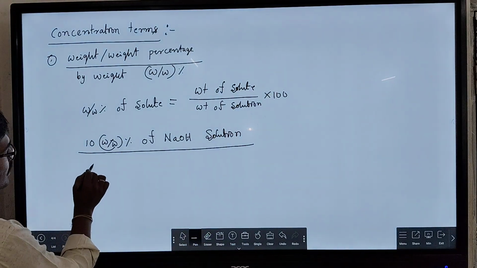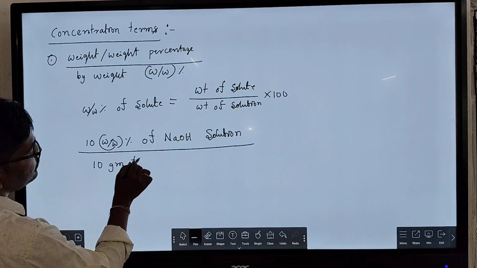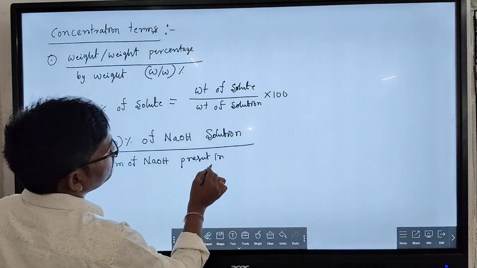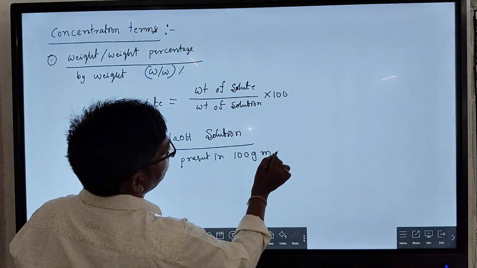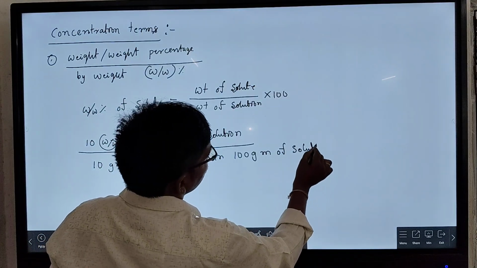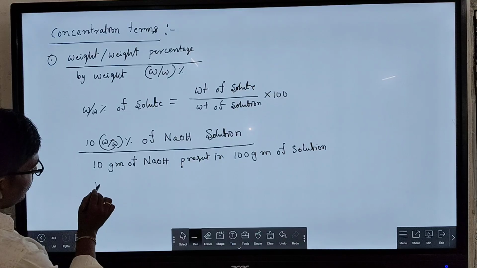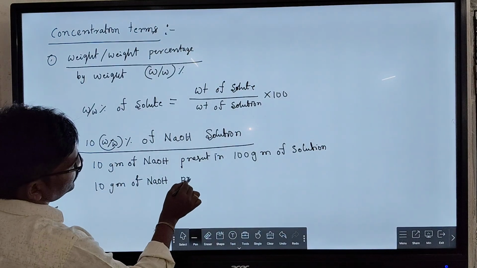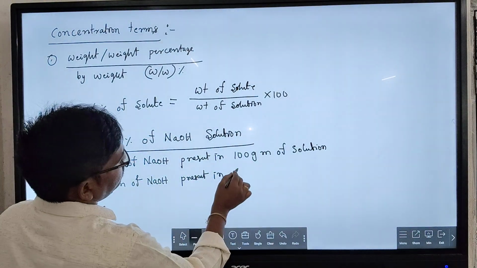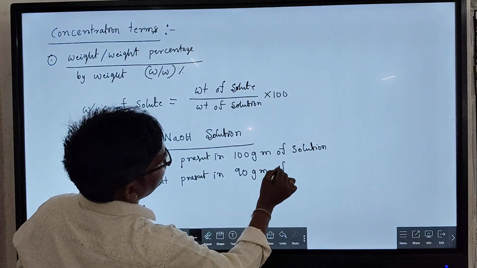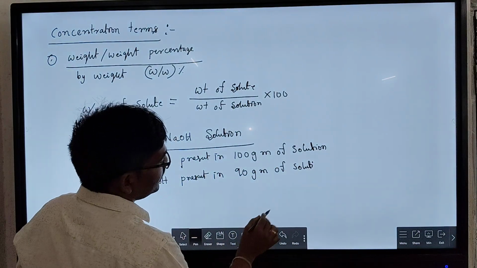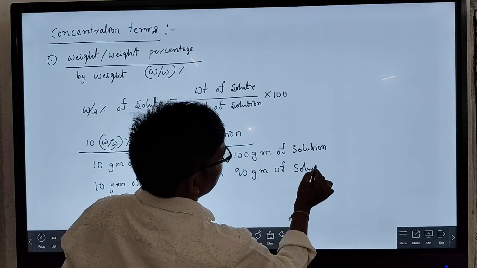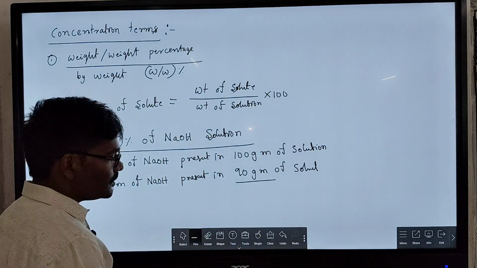Here 10 grams of NaOH is present in 100 grams of solution, or otherwise 10 grams of NaOH is present in 90 grams of solvent.